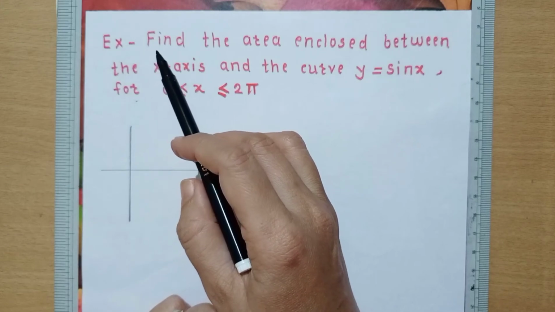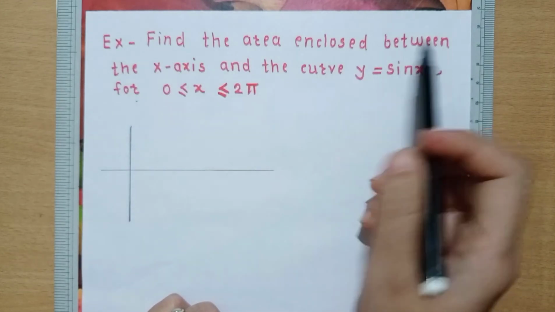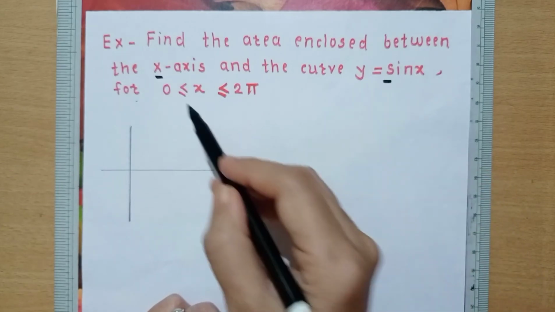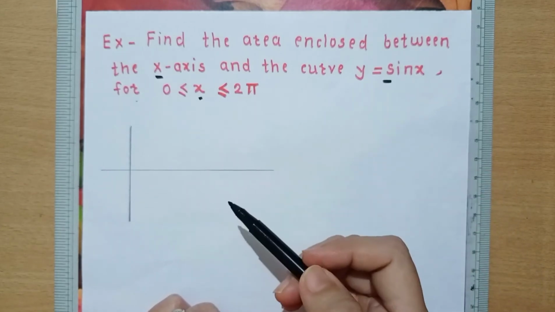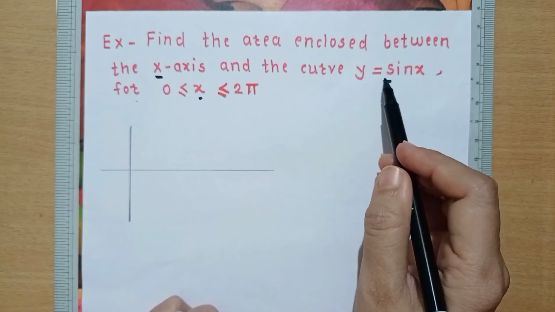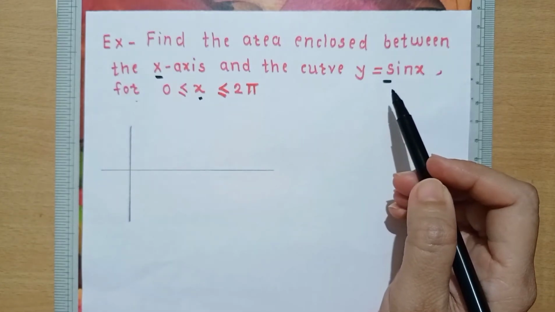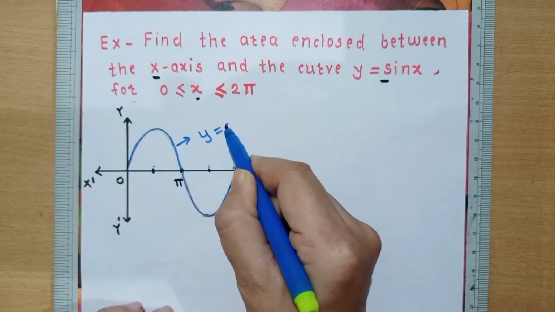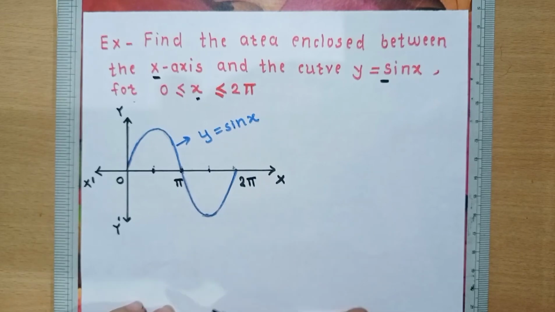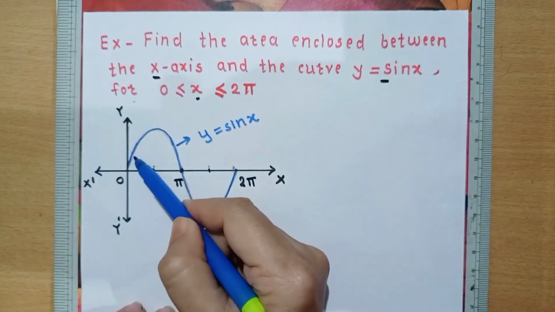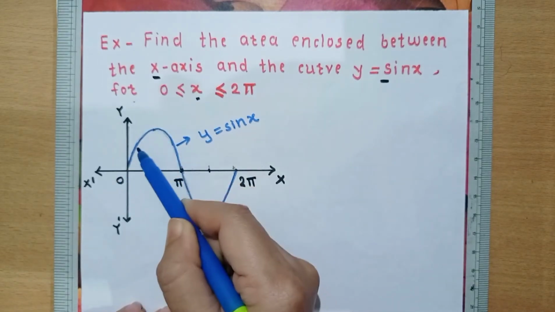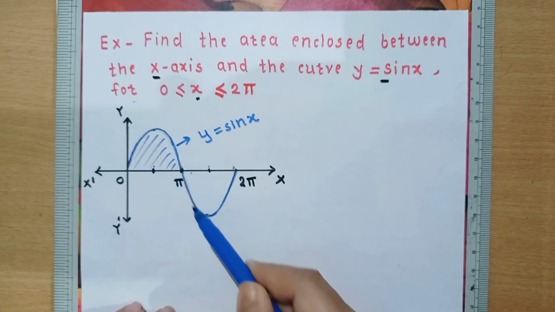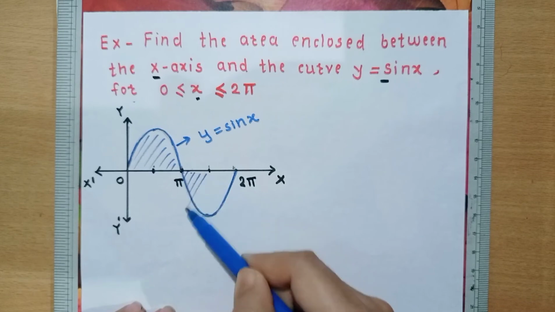Let's check one example. Find the area enclosed between the x-axis and the curve y is equal to sin x, where x lies between 0 and 2 pi. So first we will consider this curve y is equal to sin of x, and we have to find the area enclosed between this curve and the x-axis, that means this area, and here also between the x-axis and the curve.